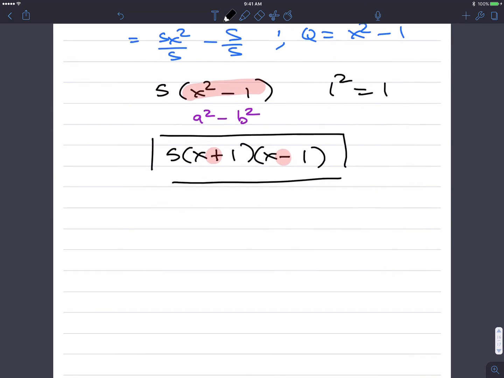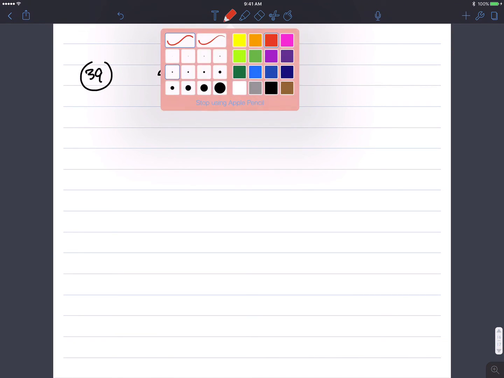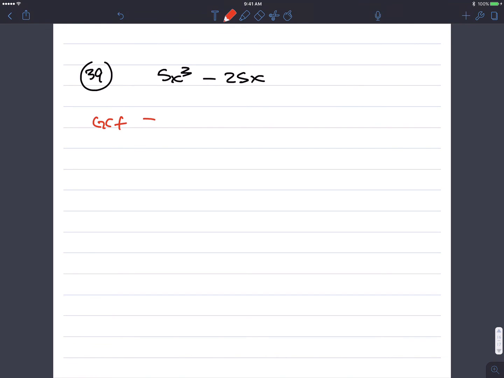Okay, now number 39. 5x cubed minus 25x. What's your greatest common factor? 5 and 25, isn't it 5? x cubed and x. What is that? x. Good. Let's find the quotient. 5x cubed minus 25x over my 5x.